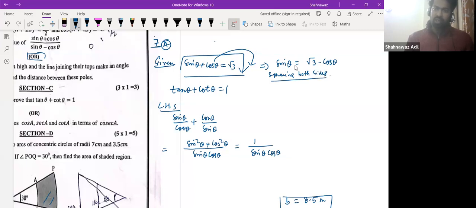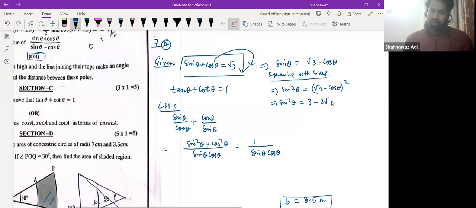So what will we get? This would be sine square theta, and this is root 3 minus cos theta whole square. This would be sine square theta equals 3 minus 2 root 3 cos theta plus cos square theta, right?